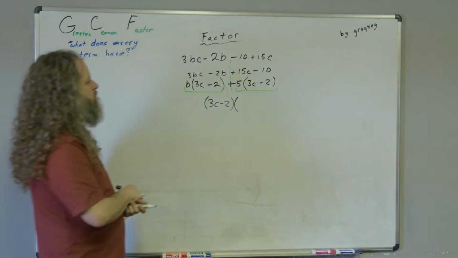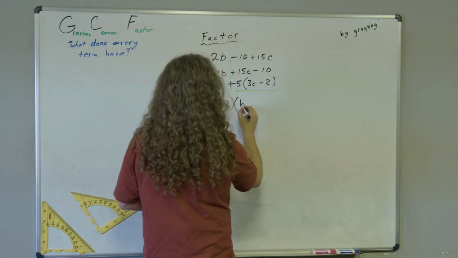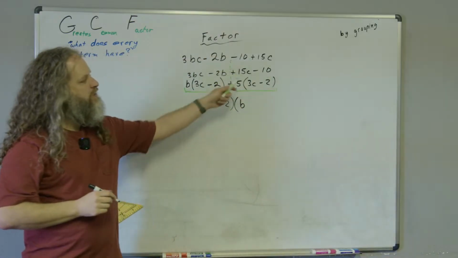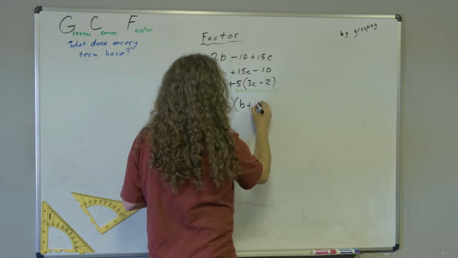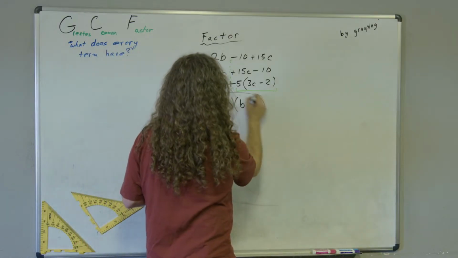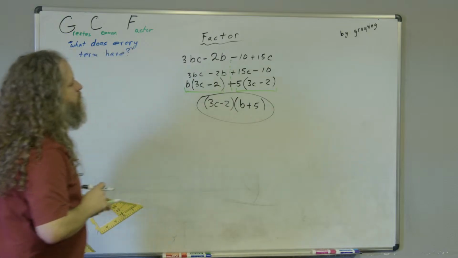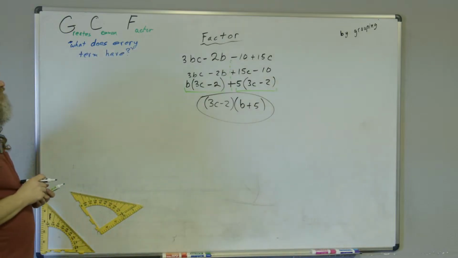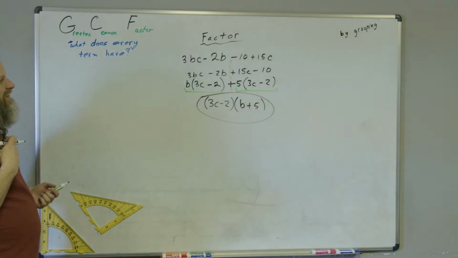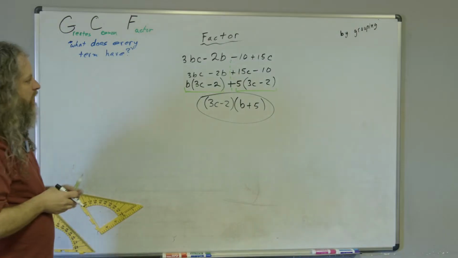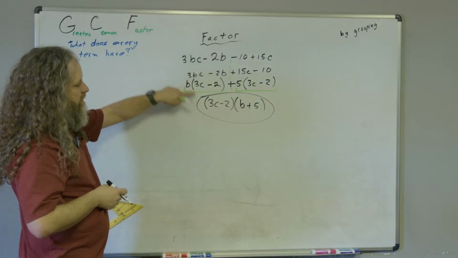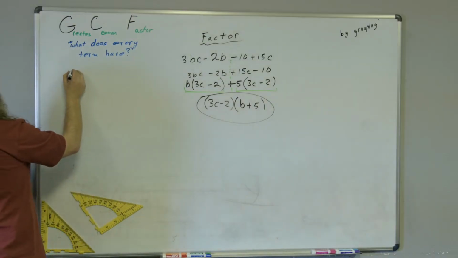B. When I pull a 3c minus 2 out of that one, what's left? 5. So just to prove that this works, and this is the same as this, let's do what we've been doing. Get a little more practice there.